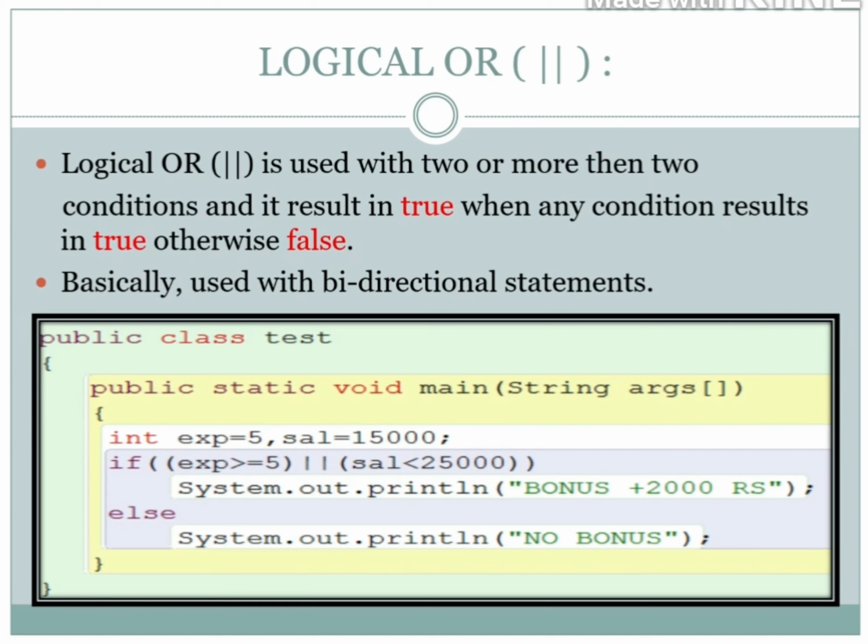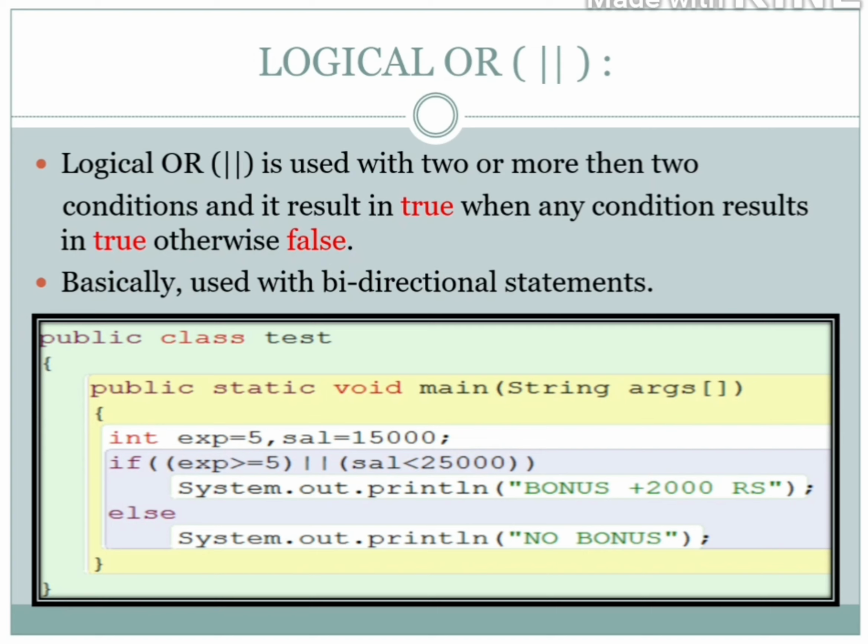Then we have to use OR, because the bonus is provided in either of the two conditions. One is experience should be greater than or equal to 5, or salary should be less than 25,000. Then the bonus is allowed, otherwise not allowed.